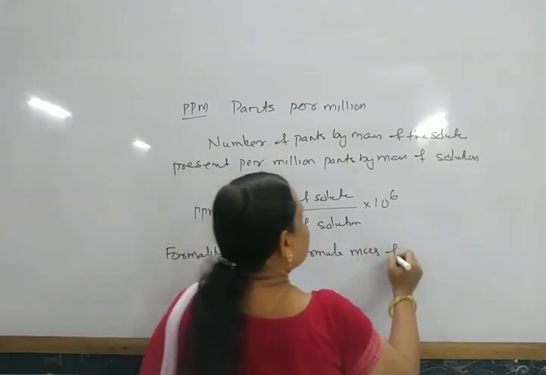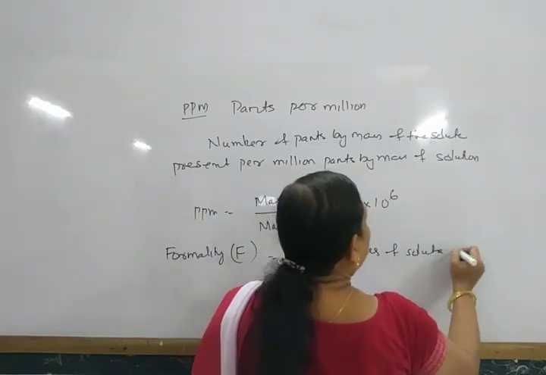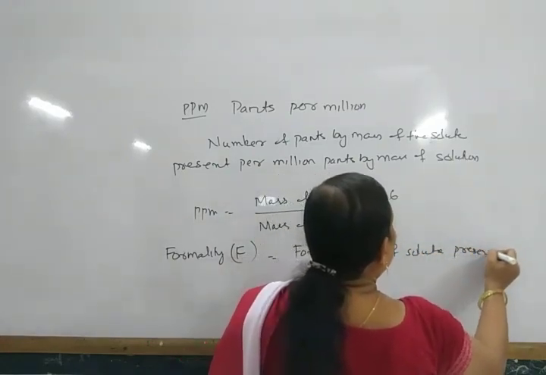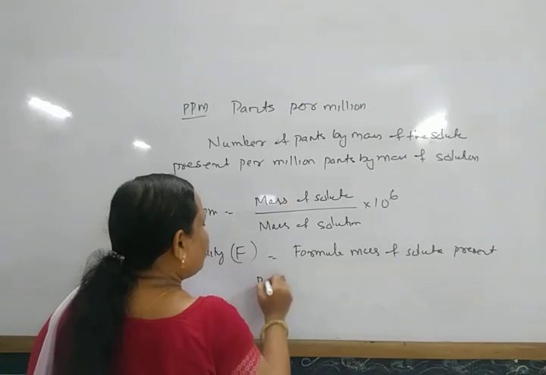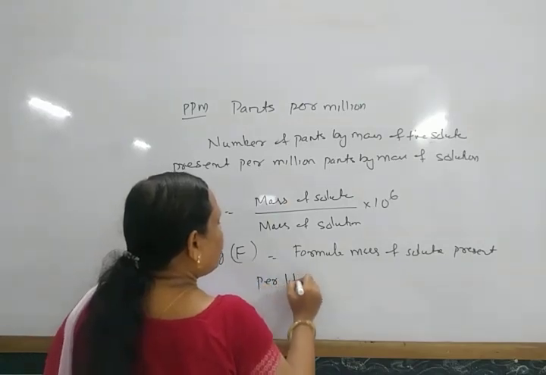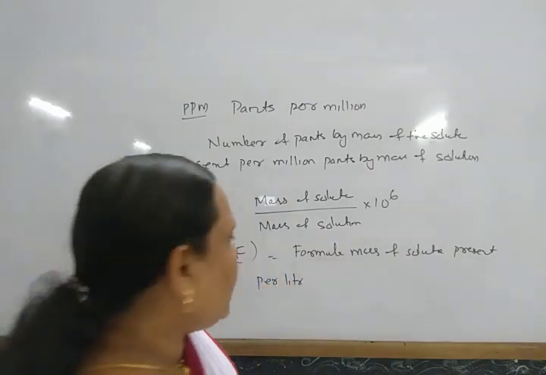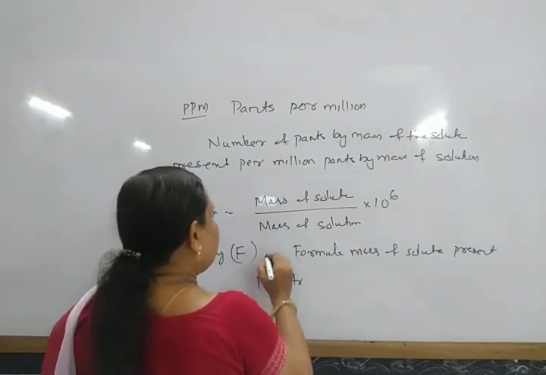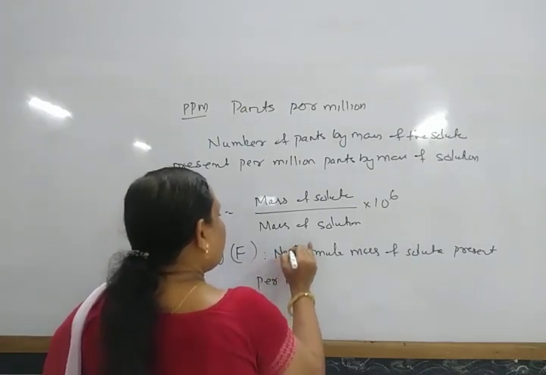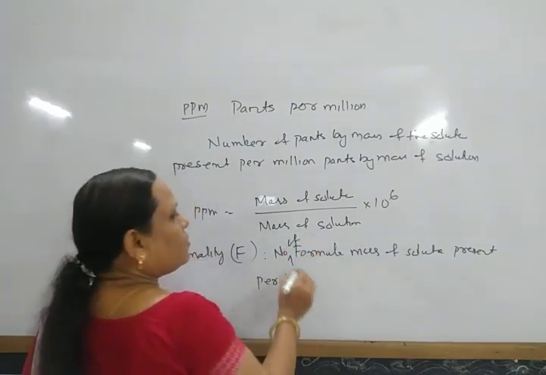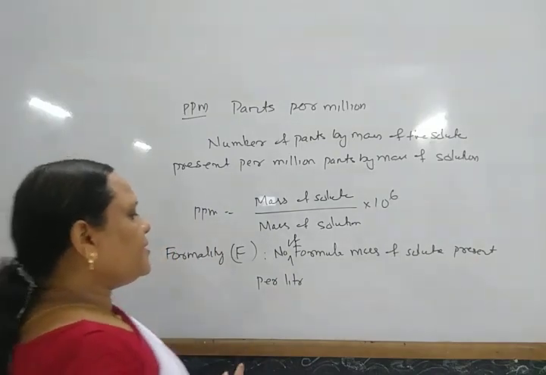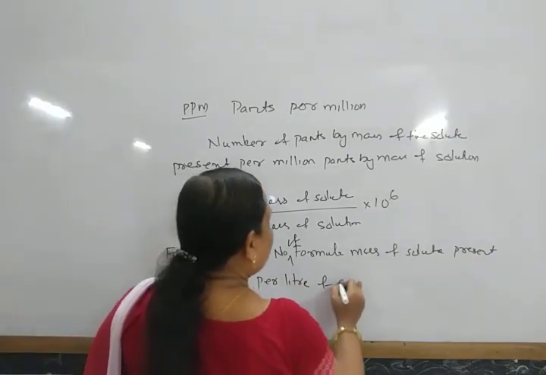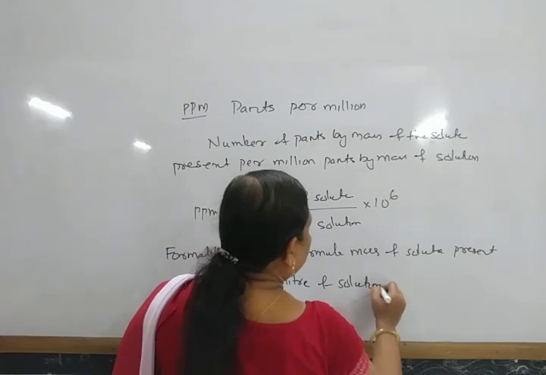Formality is the number of formula masses of solute present per liter of solution.